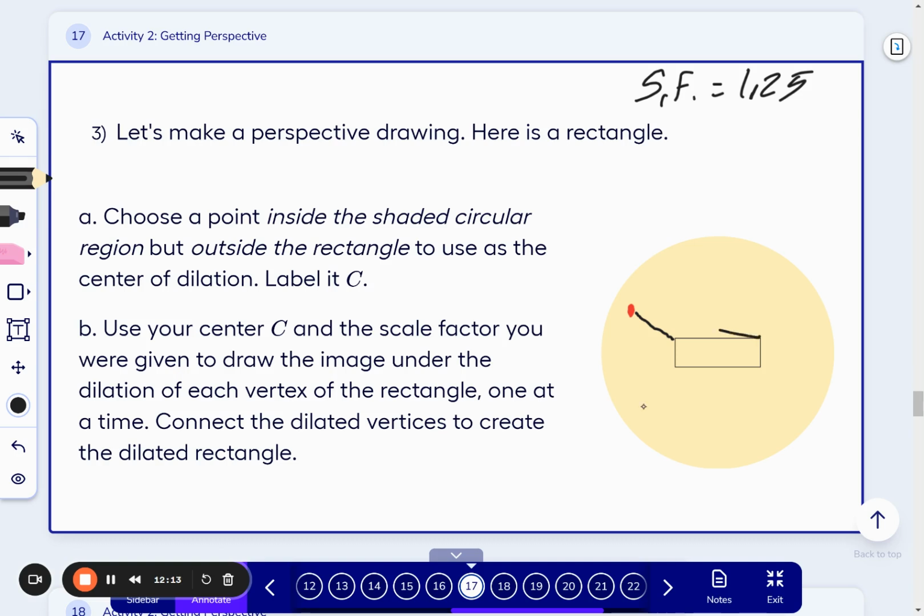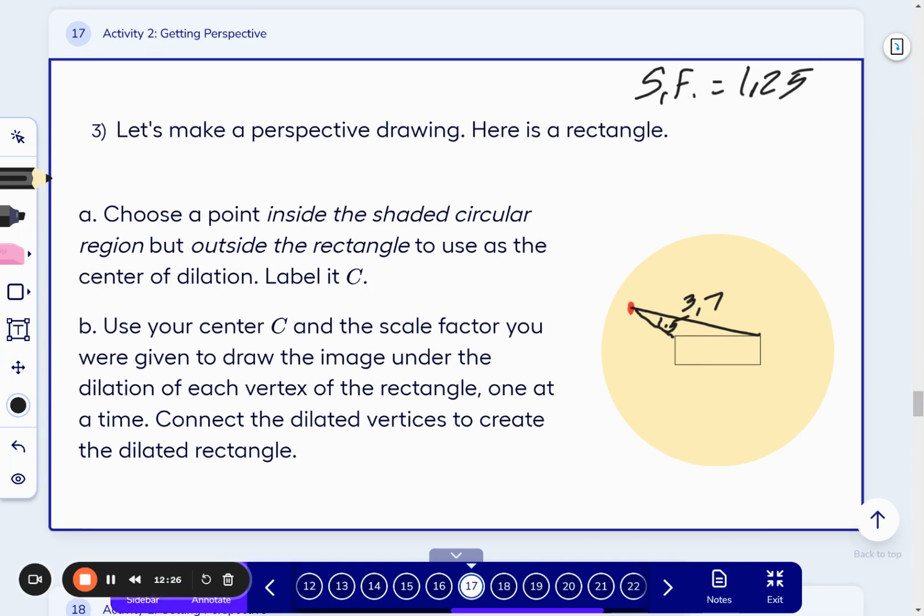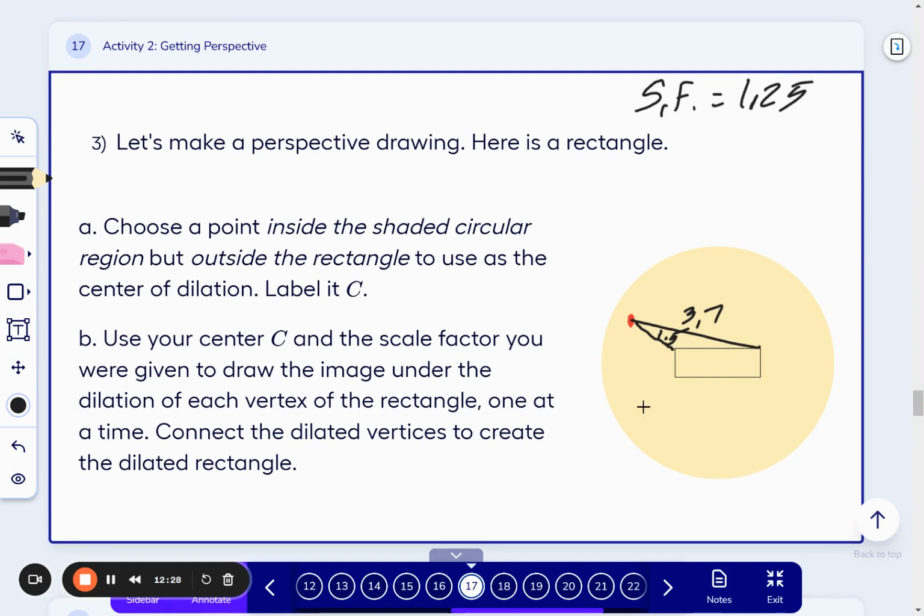This line was 3.7. This line was 1.5. This line is 2. Oops. Don't try to move it. What is this line? 4.